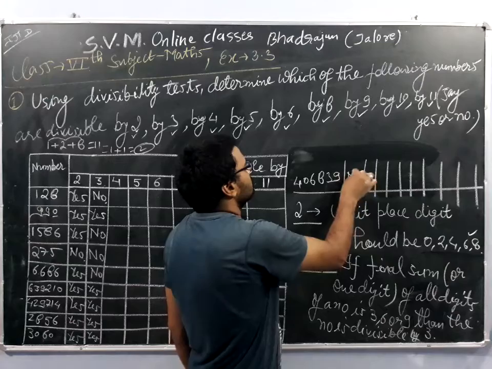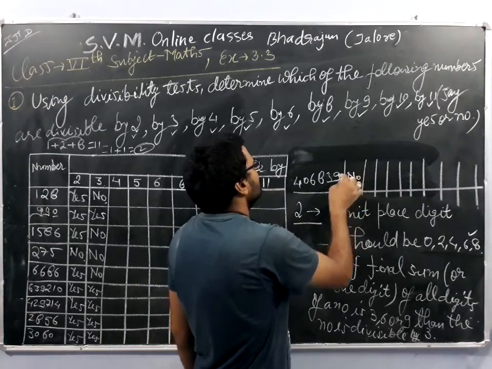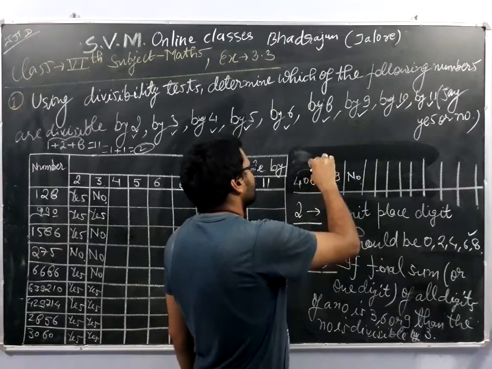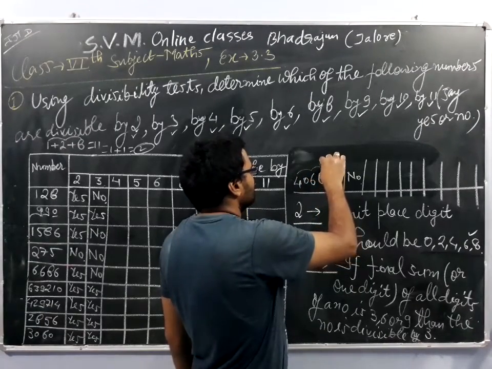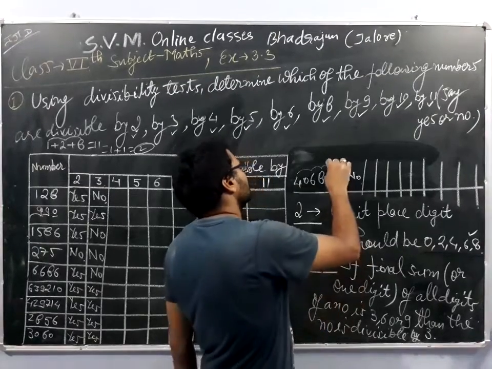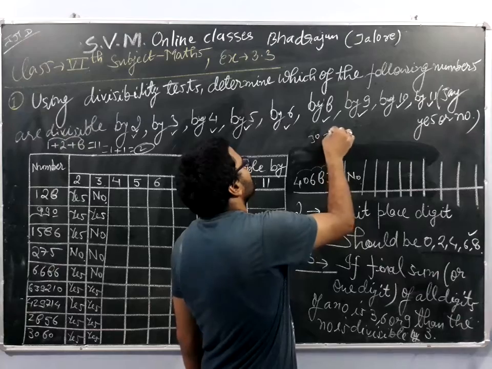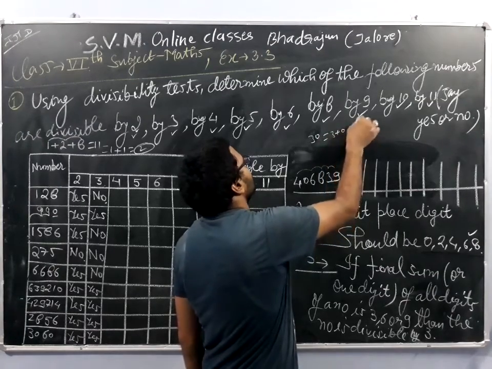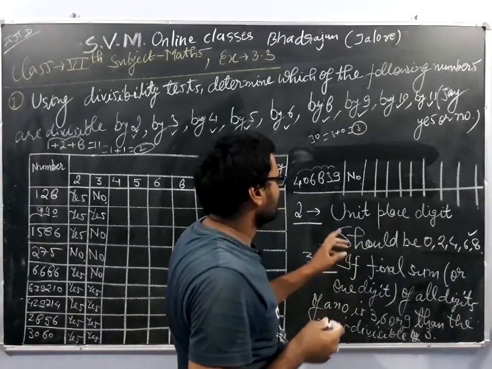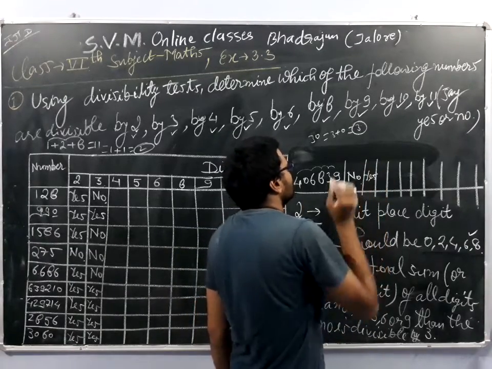So our response is no. And when we add all these, 4 plus 6 is 10, 10 plus 8 is 18, 18 plus 3 is 21, 21 plus 9 is 30, which adds up to 3, hence this number is divisible by 3, hence our response for 3 is yes.